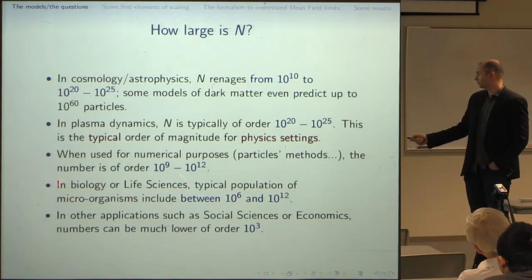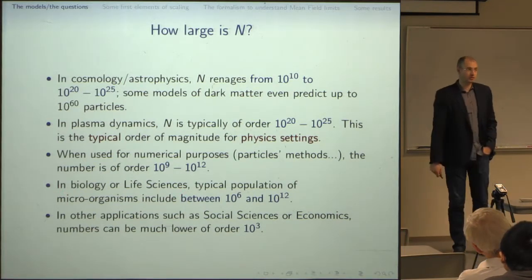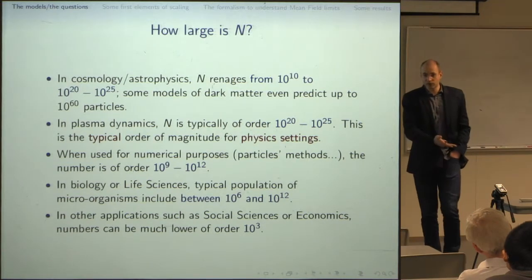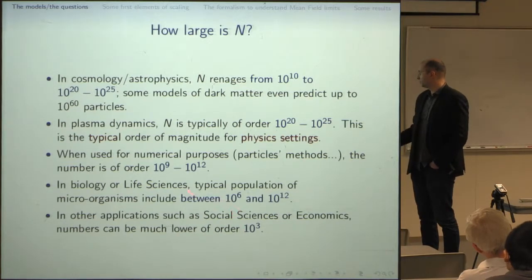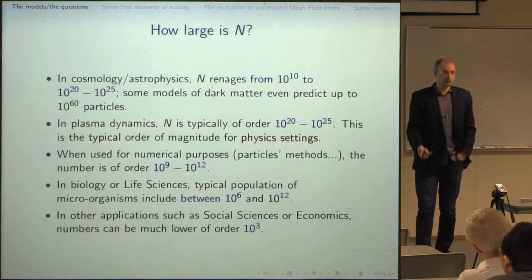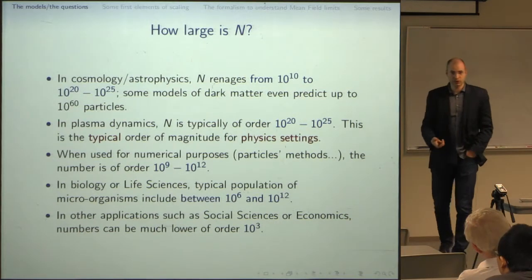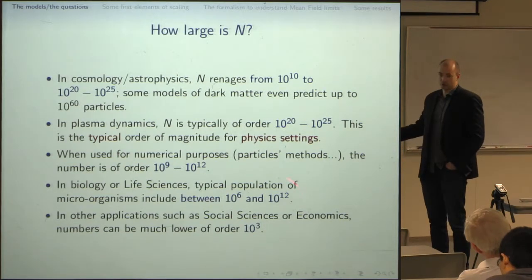A big example is biology or life sciences. Now, those particles are typically microorganisms, cells, things like that. And if you're thinking, for instance, about how many bacteria or tumor cells you should consider in a system like that, if you have cancer or a disease, then that's the order.